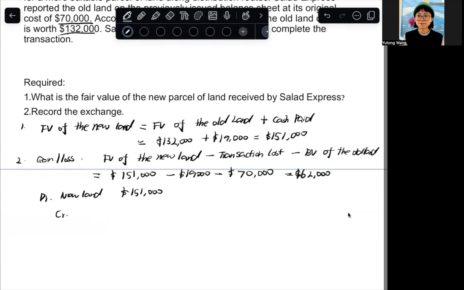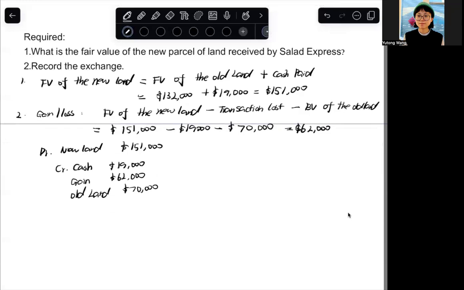And then credit cash, because this company pays some cash, credit cash, 19,000. And there is a gain. For the gain, we use the credit, 62,000. And old land credit.